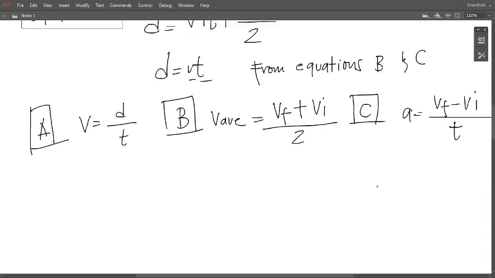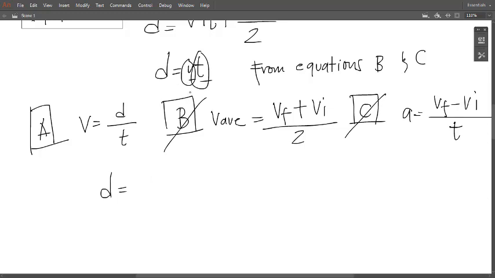Okay, so as we said earlier, we'll be substituting v and t from equations b and c. So I will be writing again.